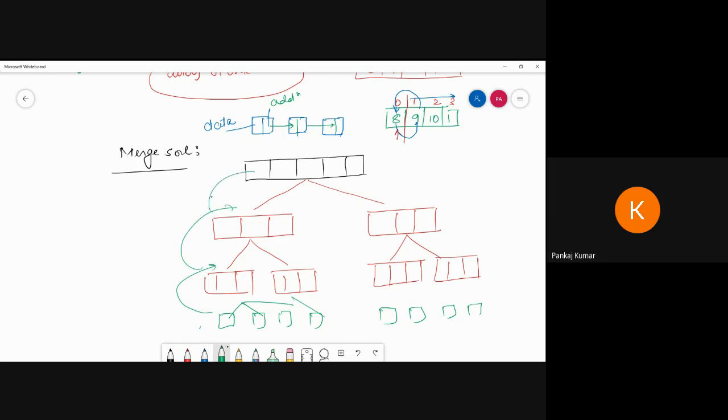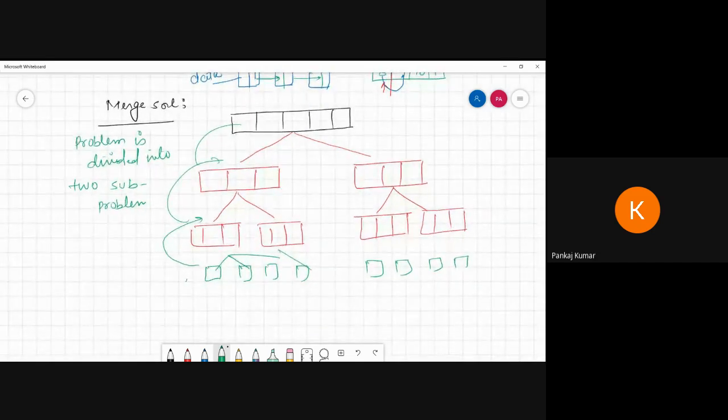That means in merge sort, we can say that a problem is divided into two subproblems, and the two subproblems cannot be interlinked with each other. What is the meaning of that? So be careful, because that is an important question for your interview.